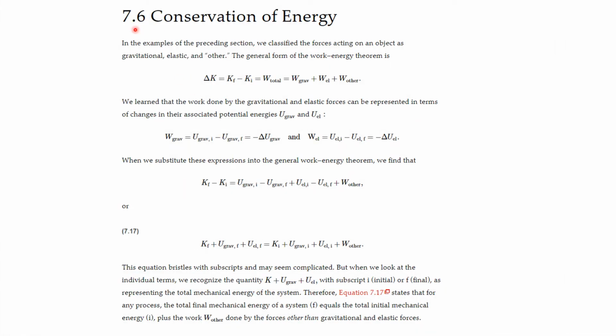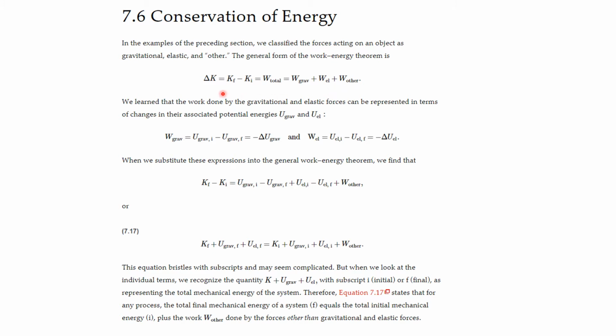Well, we've talked about conservation of energy already, and what we found was this energy theorem: the change in kinetic energy was equal to the total work, and the work can come in different flavors. We can do gravitational potential energy, elastic potential energy, and there can be other kinds of work as well.